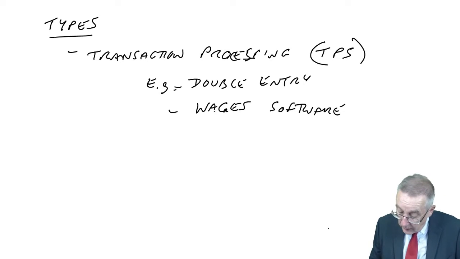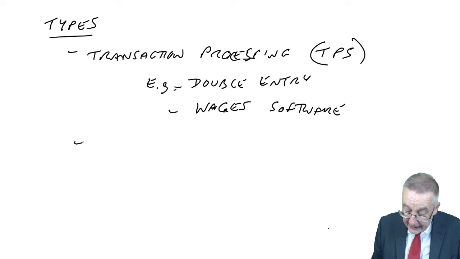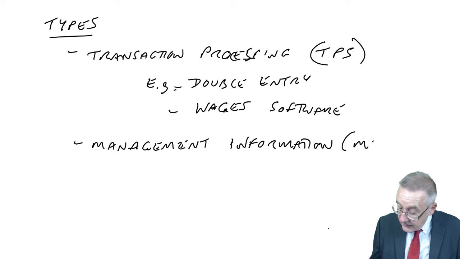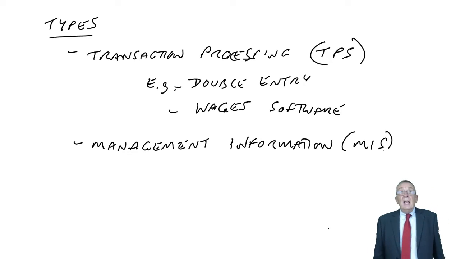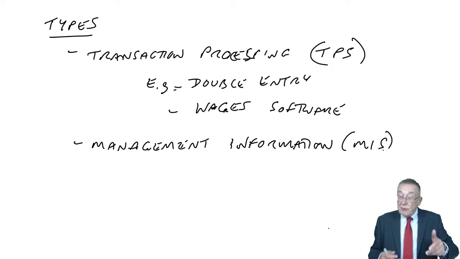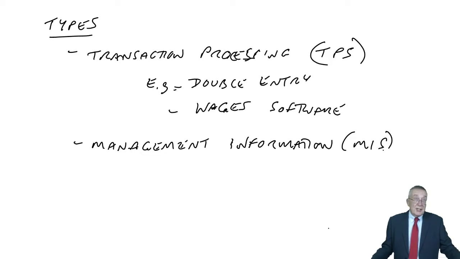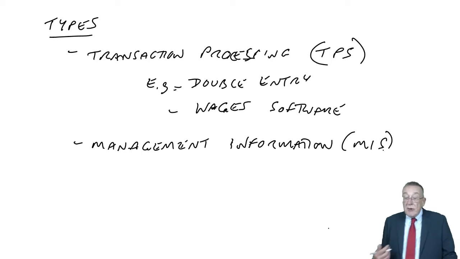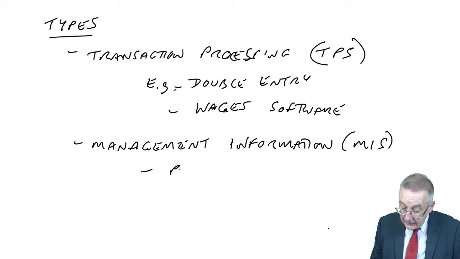And so we then have what we call management information systems, or software, the MIS. And what this does, it takes the data that's recorded by transaction processing, but it then produces reports from that data.